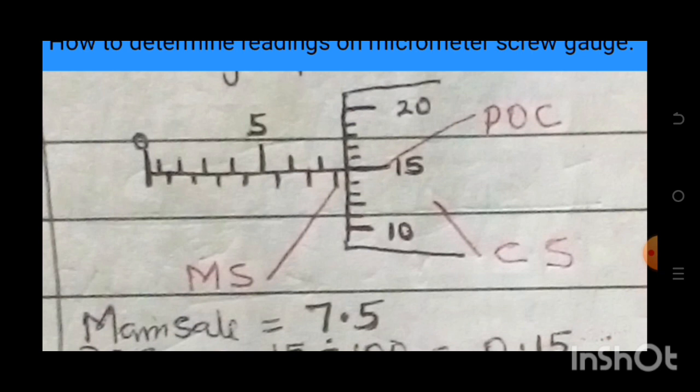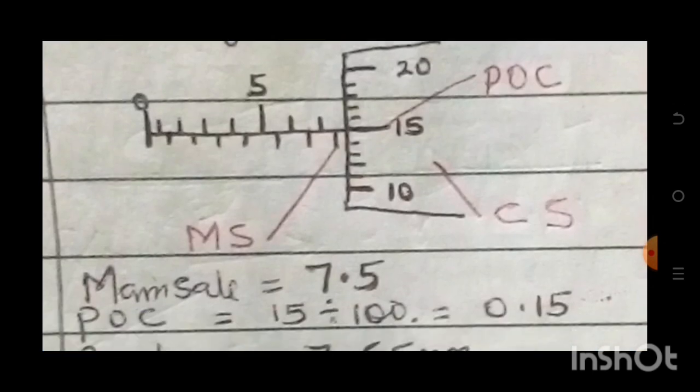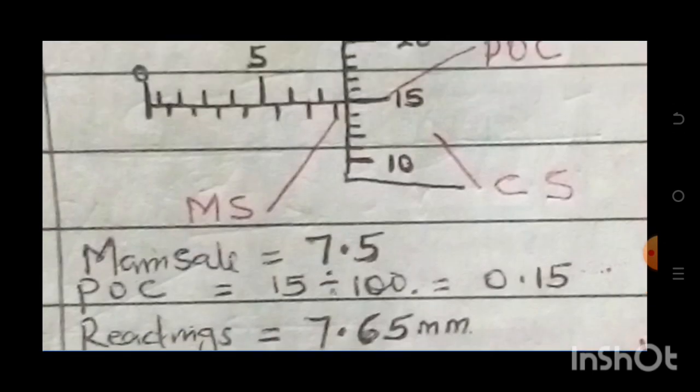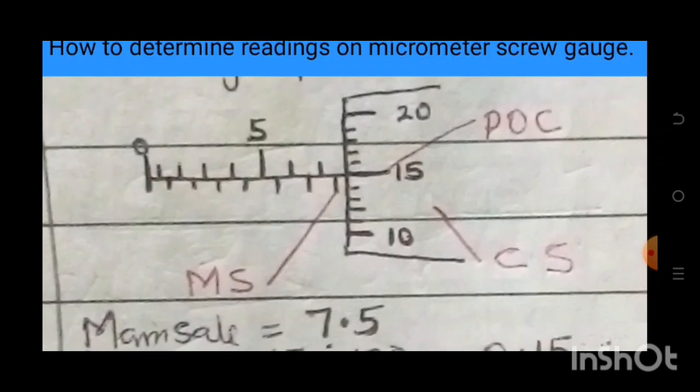Now, if you check the thimble scale, you discover that the point of coincidence of the thimble scale is at 15. So you say that 15 divided by 100 gives 0.15. Then you add the main scale to the reading of the thimble scale, which is going to be 7.65 millimeter.